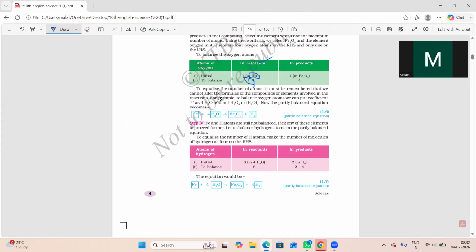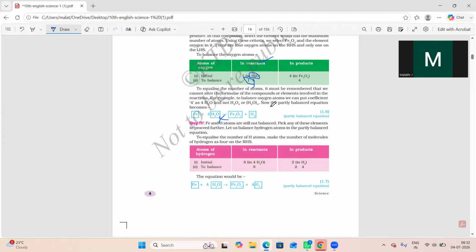That is important, to equalize the oxygen atoms. You should write 4 in front of the H2O. You should not write the 4 inside the box, it is wrong. That's why we put a box around all the formulas. As I said before, you should not write inside the box.